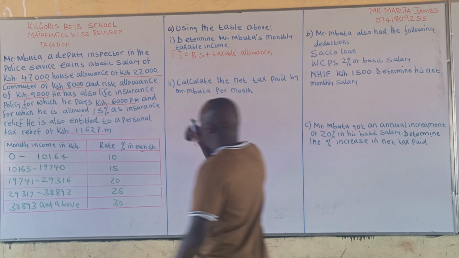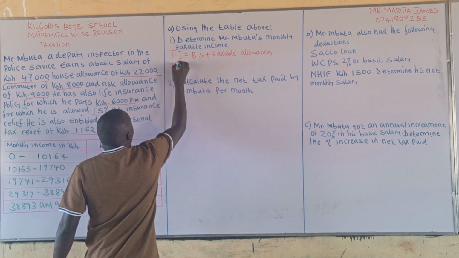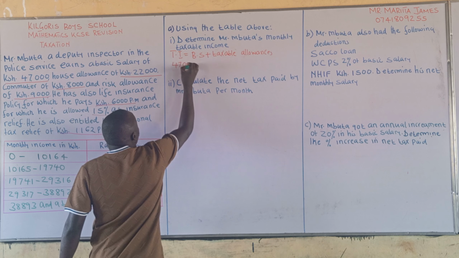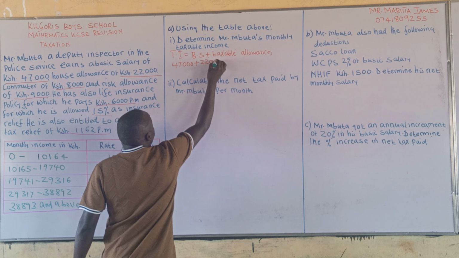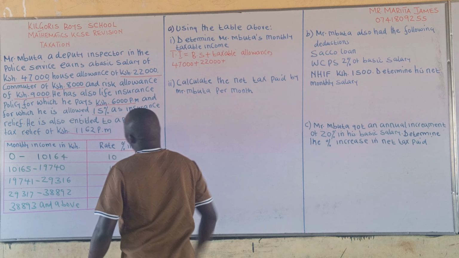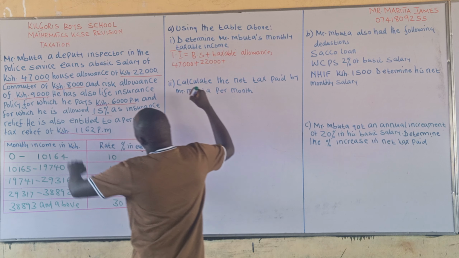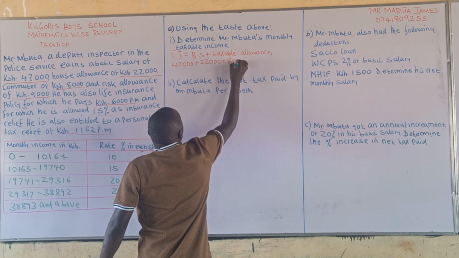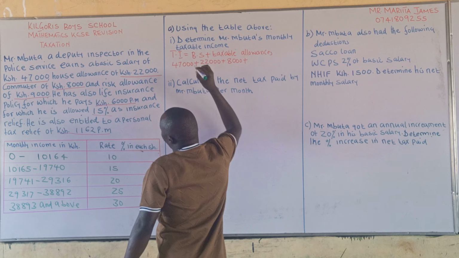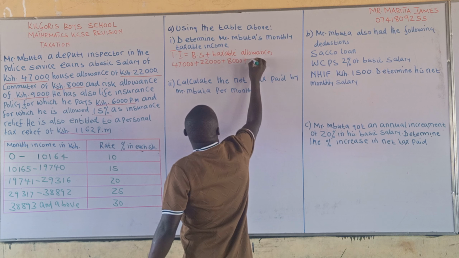So he has a basic salary of 47,000, a house allowance of 22,000, then a commute allowance of 80,000, then a risk allowance of 9,000.